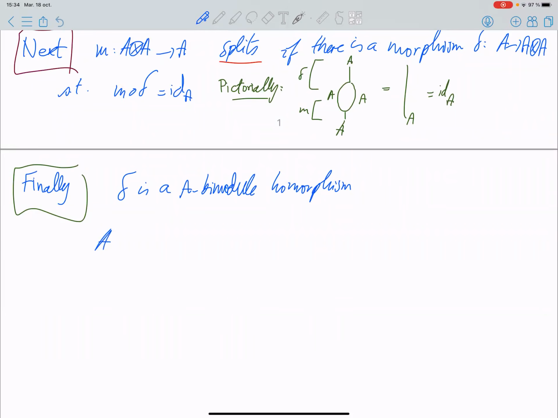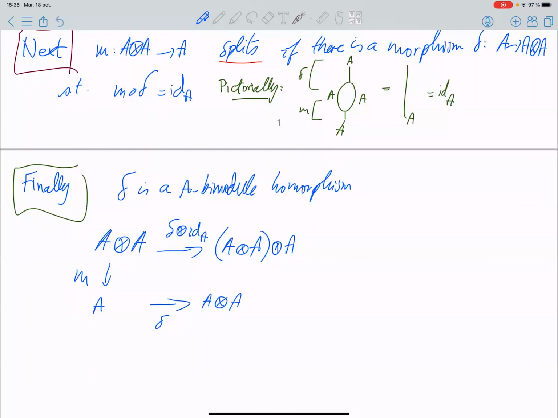So what about right? Right is this diagram. A tensor A. You apply the multiplication. You apply delta. Here you apply identity of A tensor M. And to be quick, you put the associativity constraint.